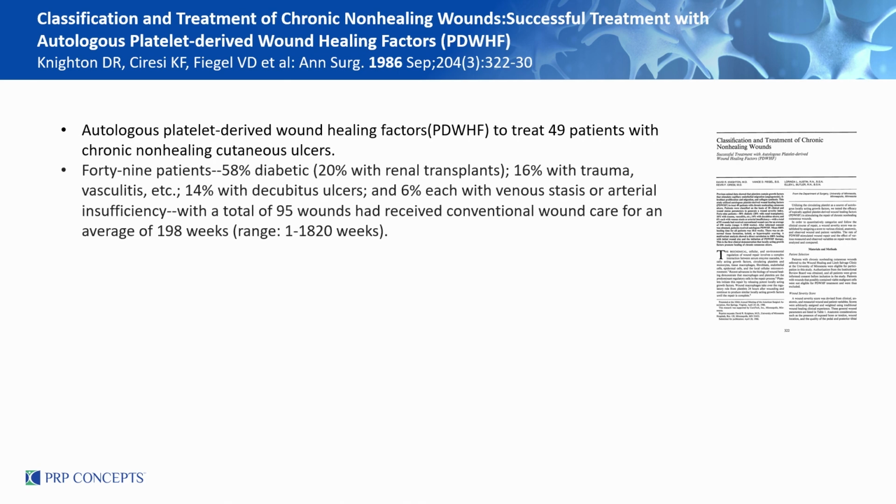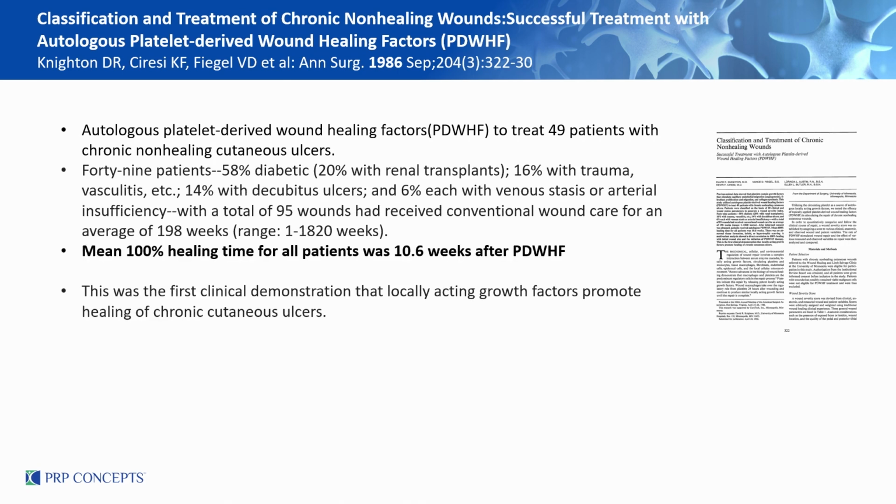And what he did in his first publication was just his initial work on 49 patients. The majority of them were diabetic and a variety of types of wounds, who had chronic wounds that were non-healing for a long period of time. And once he applied his autologous platelet-derived wound healing factor, they noted a rapid increase in healing of these chronically stalled wounds.